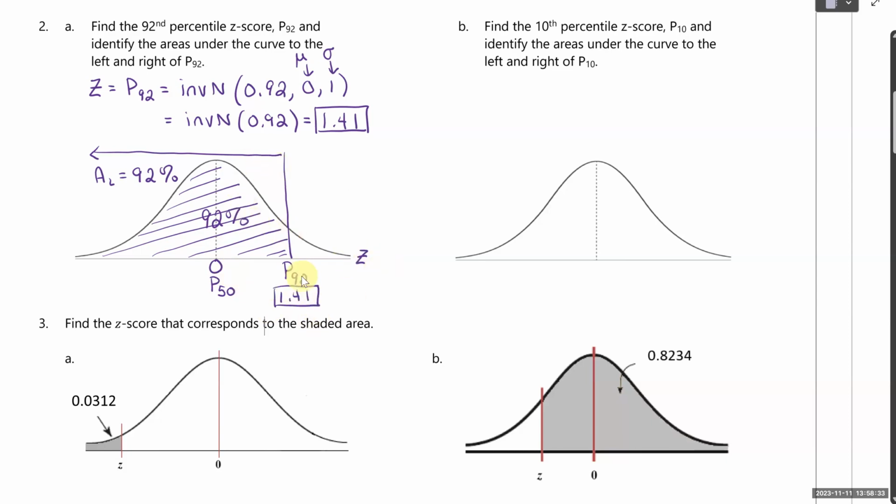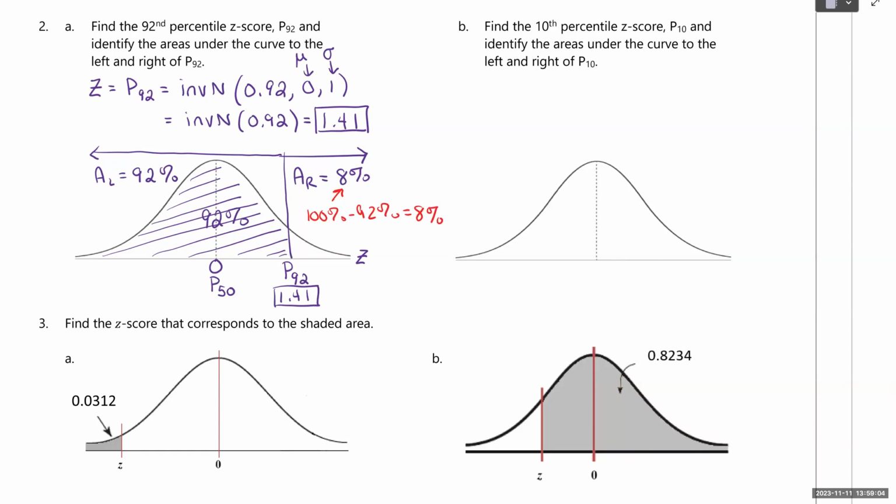All right, and then just for completion, just to remind you that with percentiles, if 92% of z-scores are below 1.41, that would mean the other 8%, area to the right of it, would be the other 8%. And that 8% is because 100% minus 92% leaves me the remaining 8%.